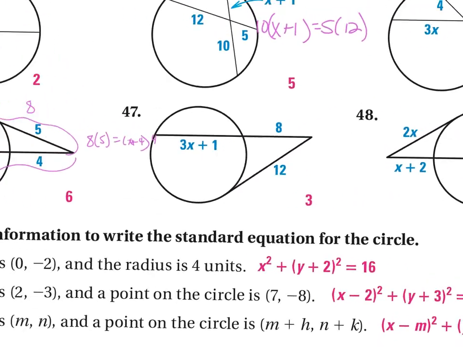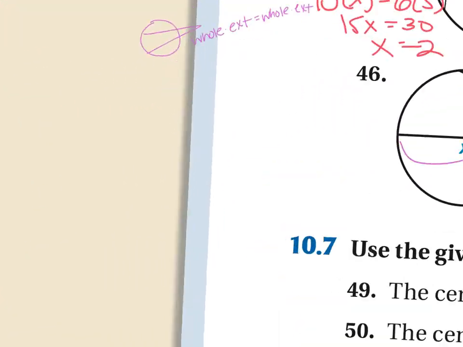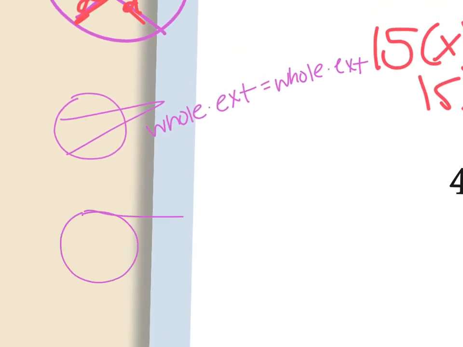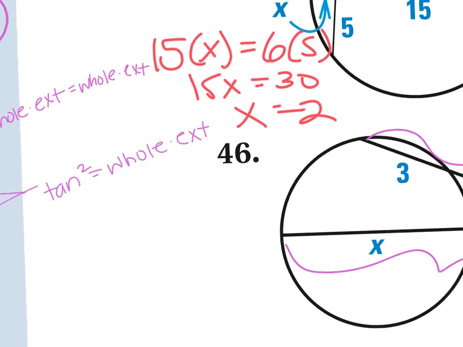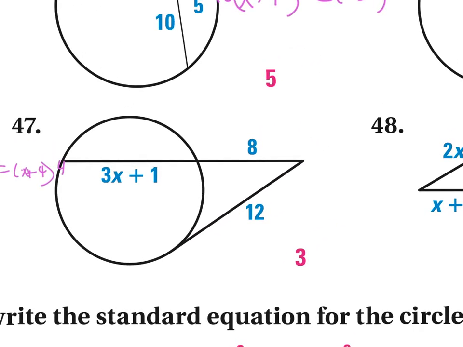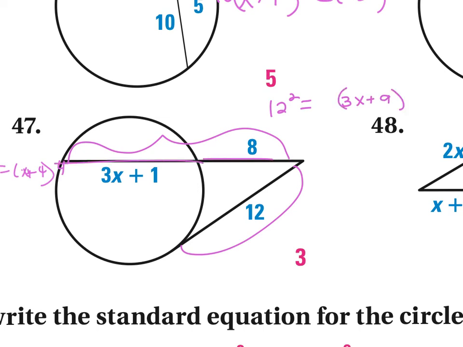And then 47 and 48 are the last theorem in this, which is a tangent and a secant. And this would be tangent squared equals the whole times the external. So looking at this, 12 squared would equal the whole thing here, 3x plus 9, because 3x plus 1 plus 8 would be 9, times 8.